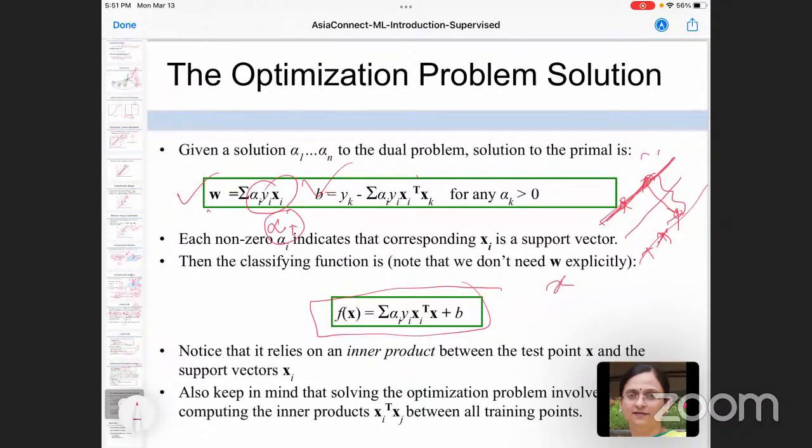So you have only a few parameters for computing the support. Once you get alpha, you will find a lot of alphas are 0, and only a few alphas are positive. These are the support, and that's why we call them support vectors, because they are supporting this boundary. They are supporting this margin.